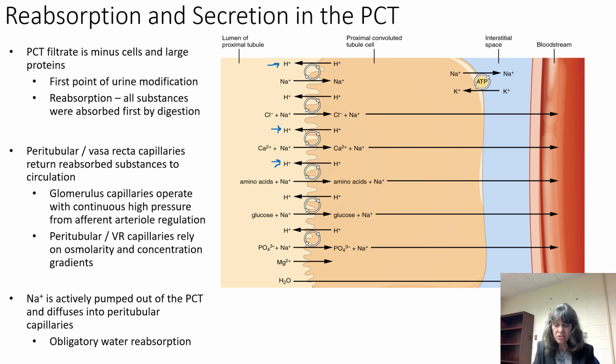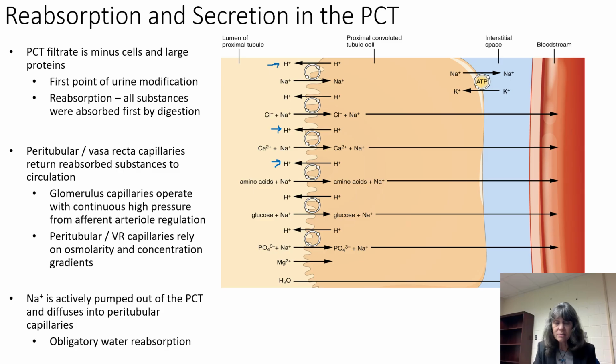They can constrict or relax to manage the pressure that's entering into the glomerulus. And then the peritubular and vasa recta capillaries are going to rely on osmolarity and concentration gradient of the substances that are moving into the lumen of the proximal convoluted tubule.